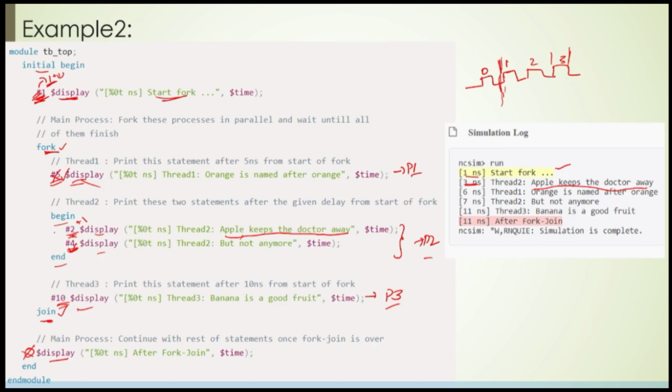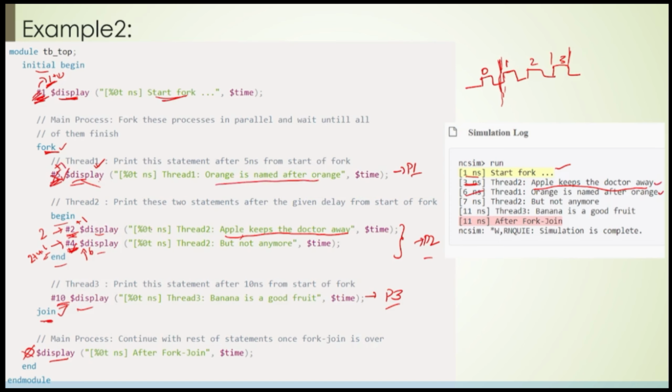So this statement will be executed at 2 time units, and this statement will be executed at 2 plus 4, which is 6 time units. This time delay is 6, whereas the other time delay is 5, so this thread will be executed first. That is 5 plus the one time unit delay already there, so 6. At 6 nanoseconds, orange is named after orange will be executed.